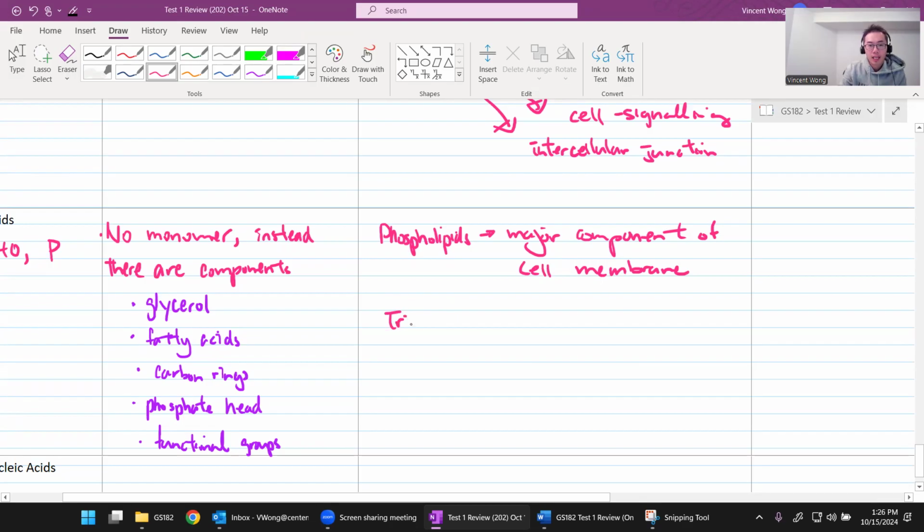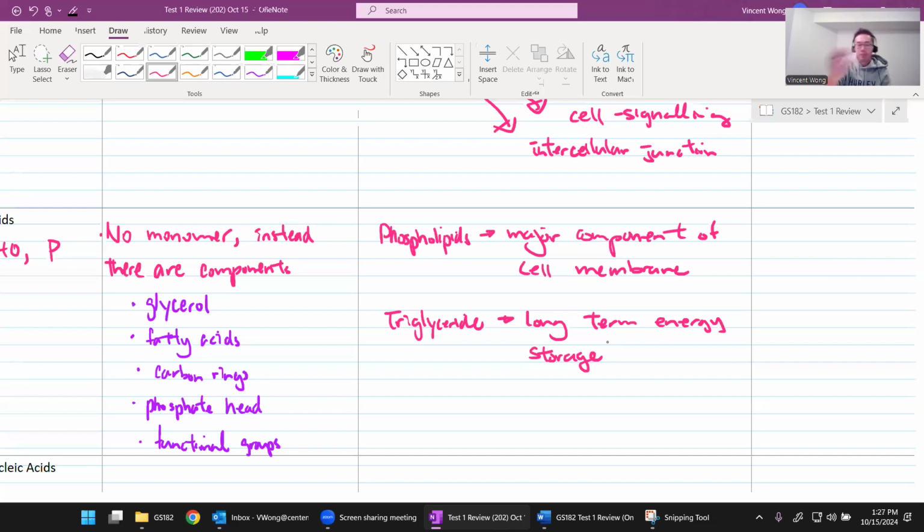We have triglyceride, which is useful for long-term energy storage. It cushions and insulates as well. But again, I'm just keeping it simple here. You can add more details if you want.